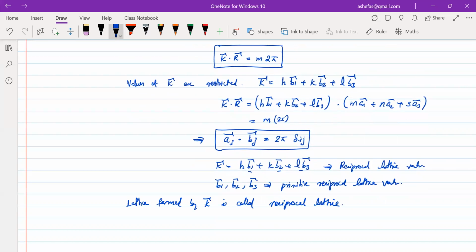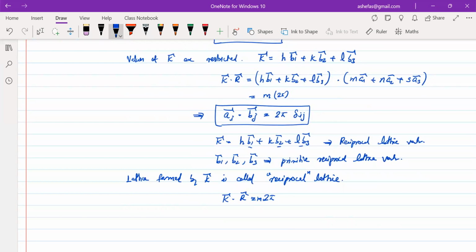Why is it called reciprocal? Because k dot R is some integer multiple of 2 pi, so it is a dimensionless quantity. The dimension of R is length, because R is the lattice vector.